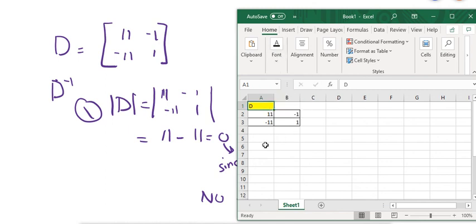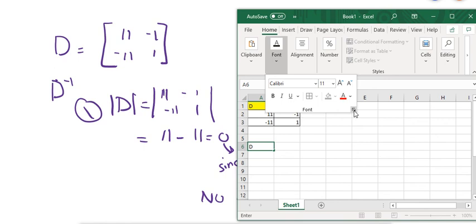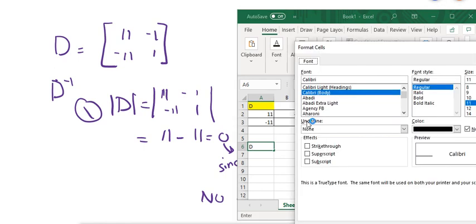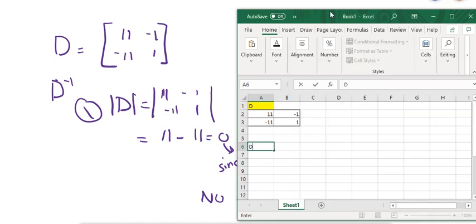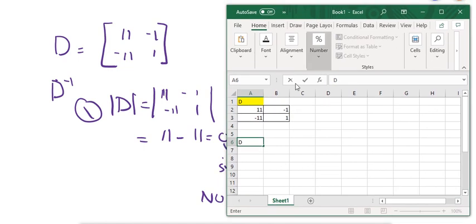To find the D inverse, go to the font setting, then D minus 1.